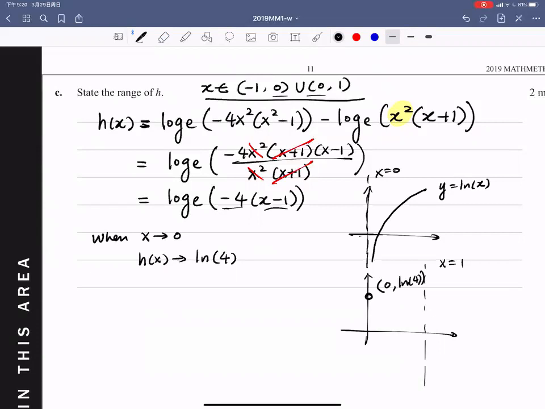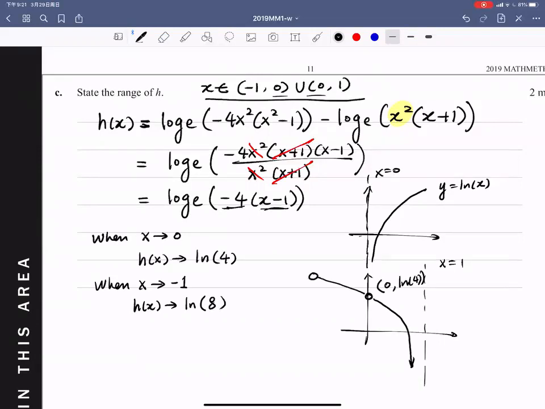Now, what else? I know it should look like that, but how exactly? When x approaches -1, my h of x will be getting closer to natural log of -4 times -2, which is natural log 8.